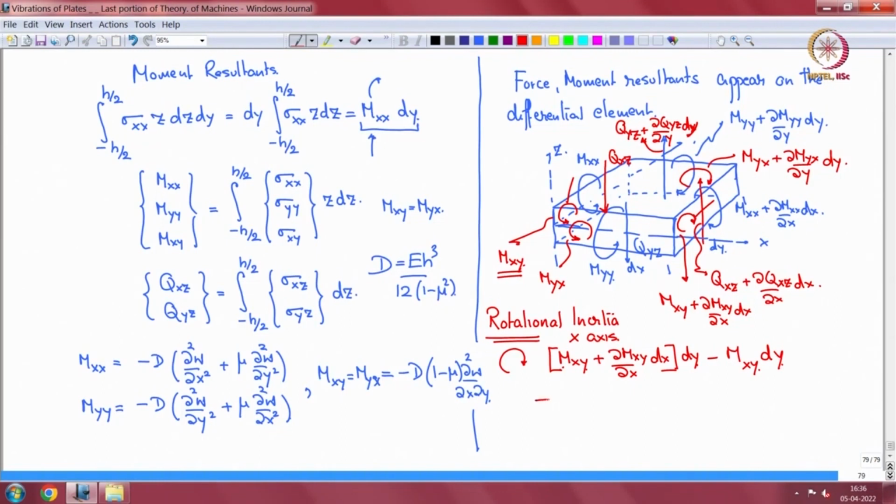So I get a minus qyz. Okay, so there is an incremented version, but that will not contribute. So I will do straight away qyz into dx, which is the full force, into dy, which is the moment. Okay, that is equal to 0.